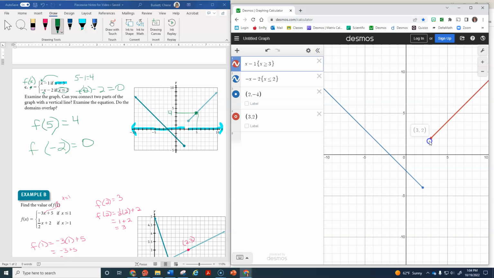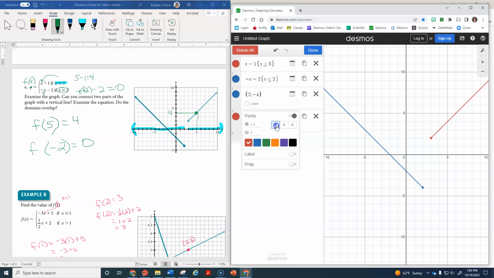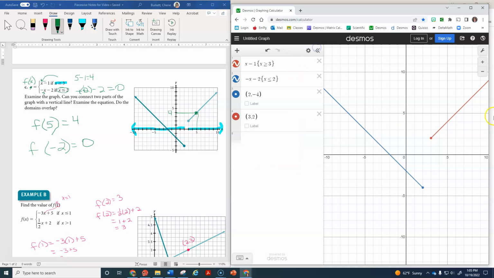So you see right there, it should not be an open circle because there's a value right there at 3, 2, and I get that by tracing it. So if you trace it and it gives you a value, then it should be a closed circle. And I go back there to make it be a closed circle. So if there's a bar underneath it, it should be closed. If there's a bar underneath that one, it should be closed.